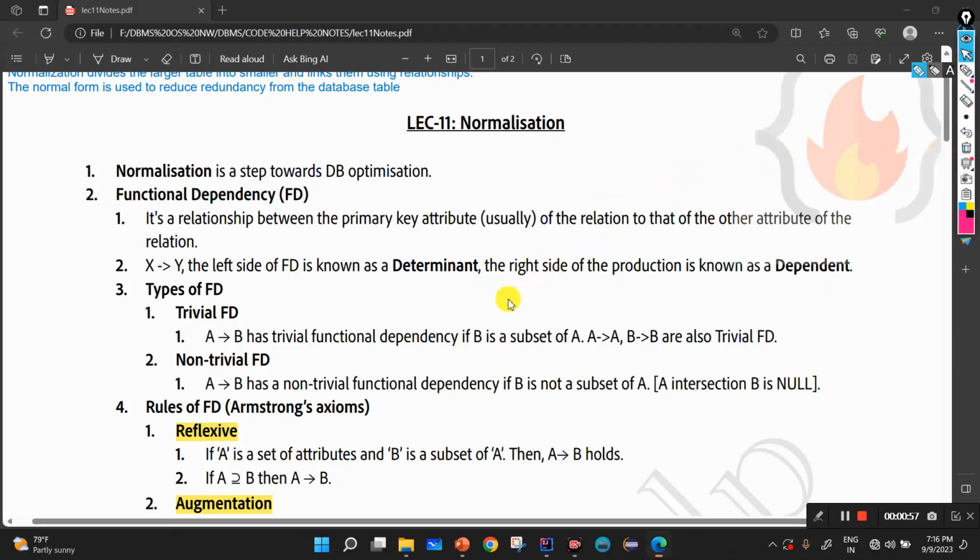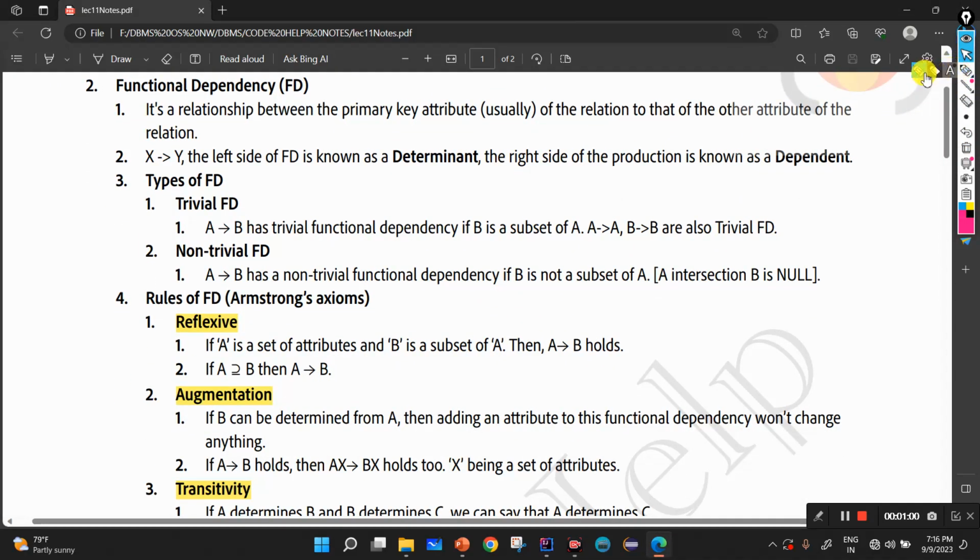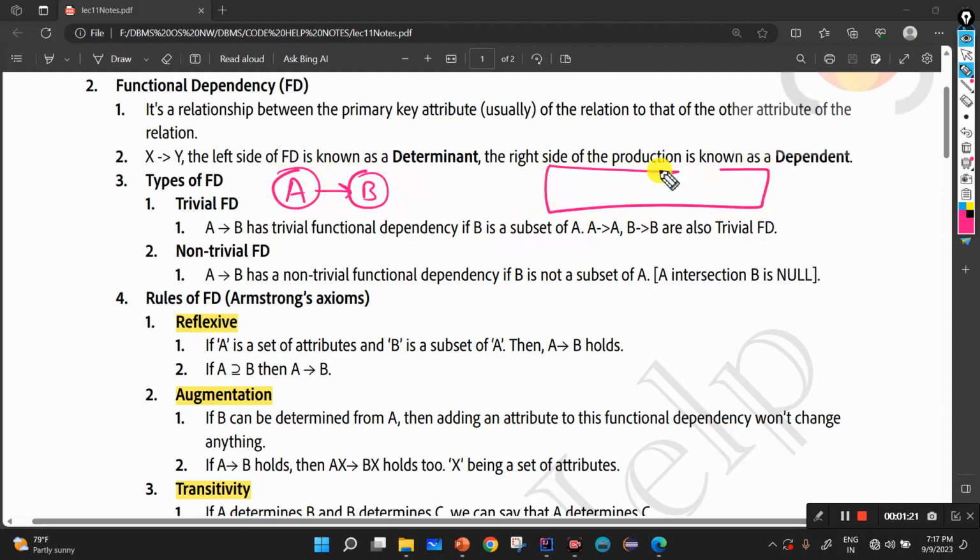Okay, so next is types of FD. FD means functional dependency. Basically it is of two types, trivial and non-trivial. Trivial means, let's suppose with the help of A we can determine B. A determining B is a trivial functional dependency if B is a subset of A. We can say it is trivial because B is dependent on A as it is a subset of it.